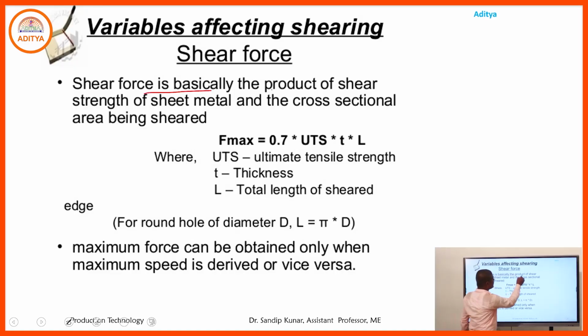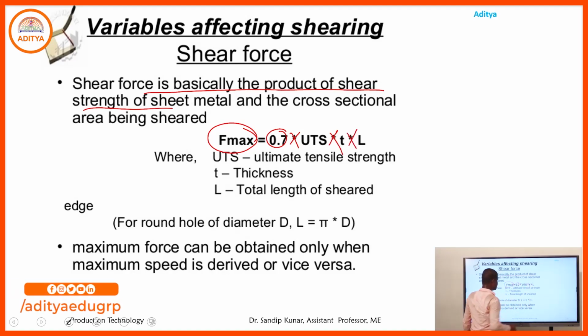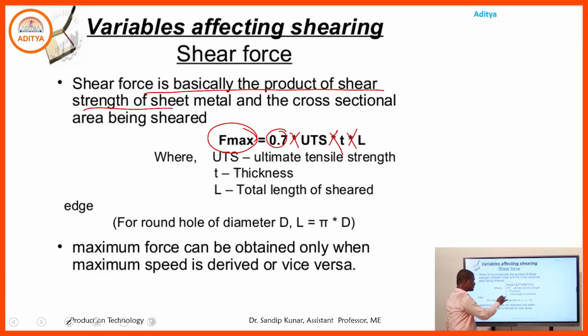Shear force is basically the product of the shear strength of the sheet metal and the cross sectional area being sheared. So here we can write F max, the shear force, equals 0.7 into UTS, ultimate tensile strength, into thickness into total length of shear, that is the total shear edge.